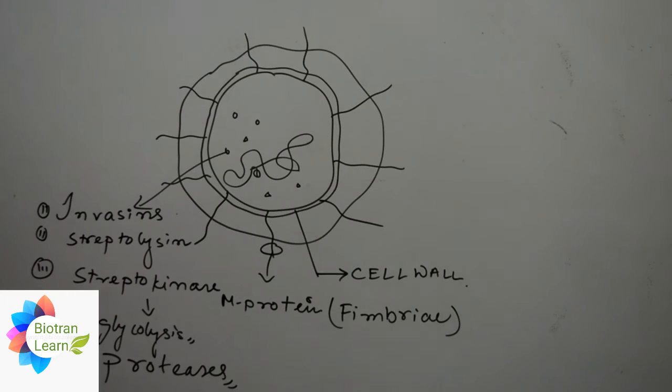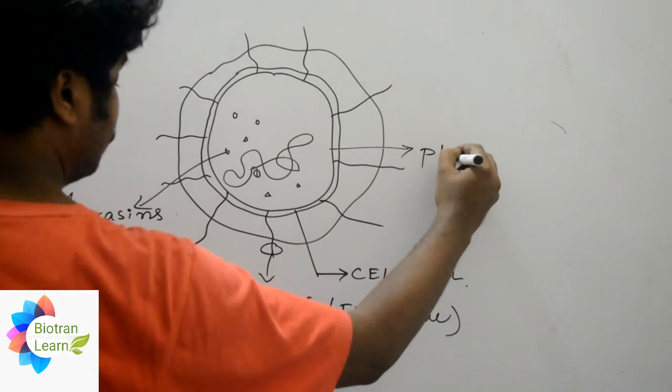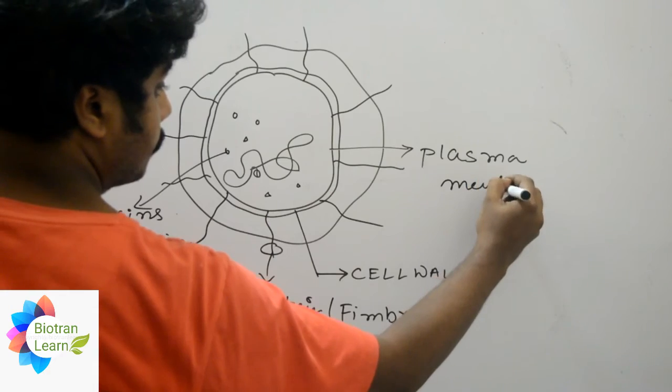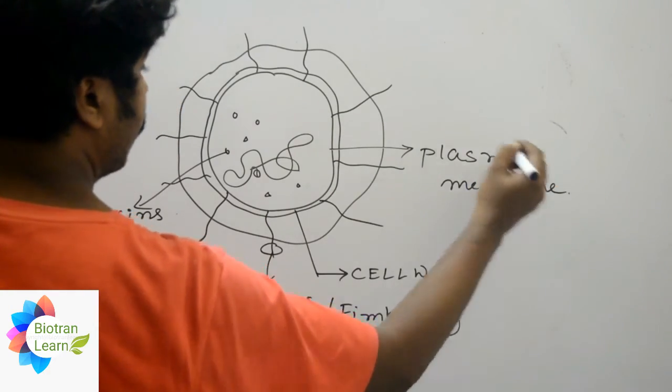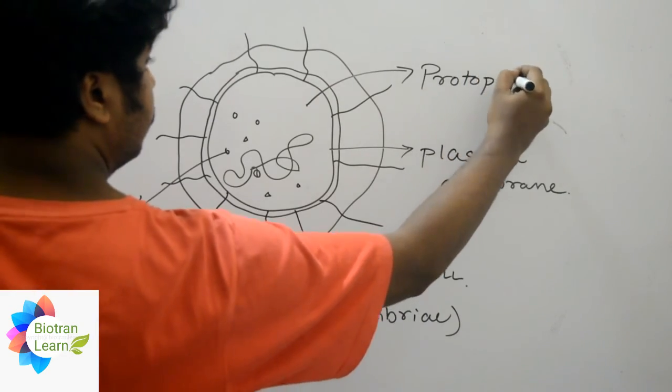Okay, so we will be looking at the different structures of the protein later, but now in here we will get the inner part known as the plasma membrane. This is known as protoplasm.